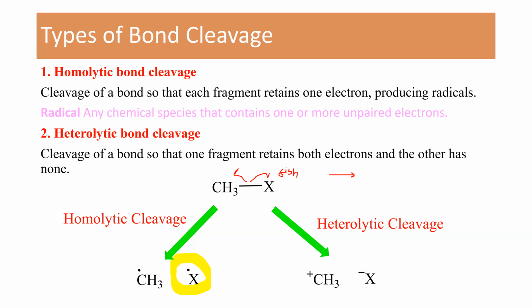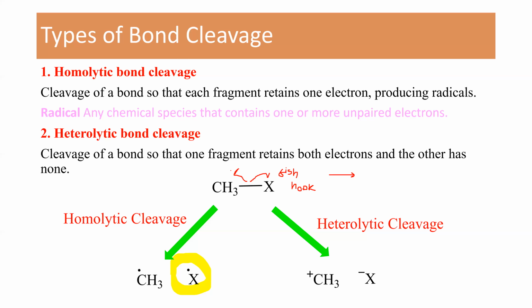And you should know that if the mechanism of the reaction is through homolytic cleavage, you have to draw with the fish hook arrow. And if it is through heterolytic cleavage, then you will draw the straight arrow, right?